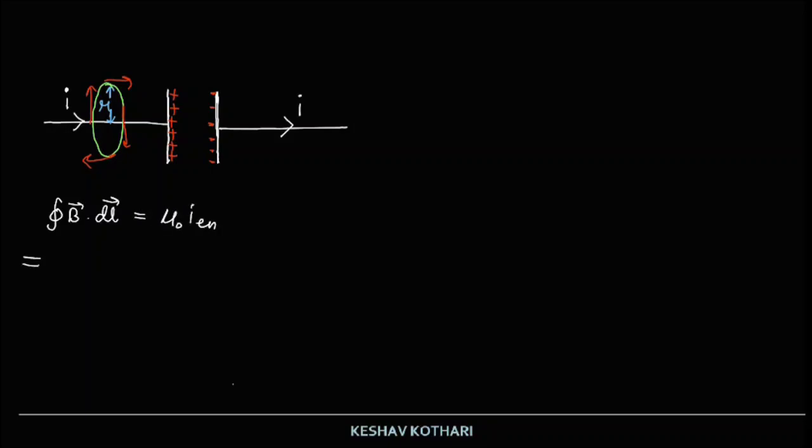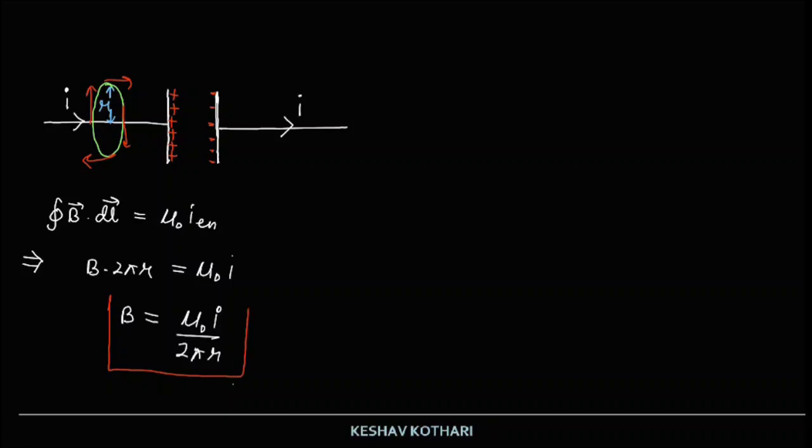The current passing through this closed curve gives B into 2 pi r equal to mu naught I, and the magnetic field strength turns out to be mu naught I upon 2 pi r. This is the value of magnetic field strength that we have calculated for this particular closed curve.